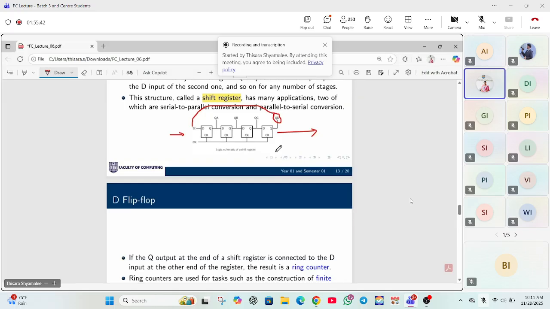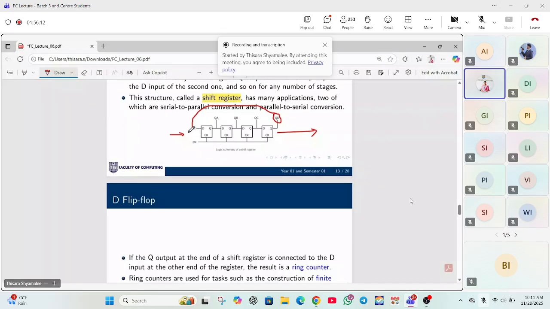So a ring counter means there's a shift register, and the Q output at the end of this shift register is connected to the D input at the other end. This is the D input. If we combine this with the D input of the register, then it becomes a circle.